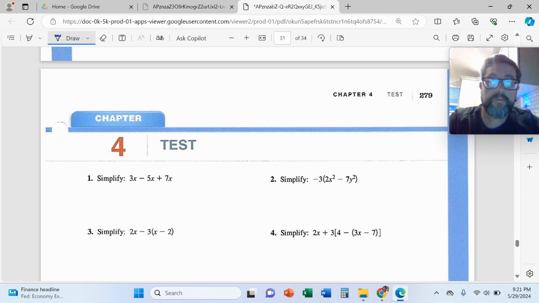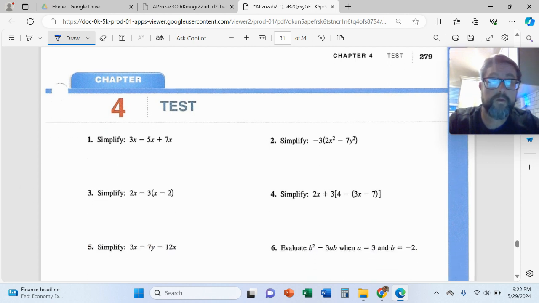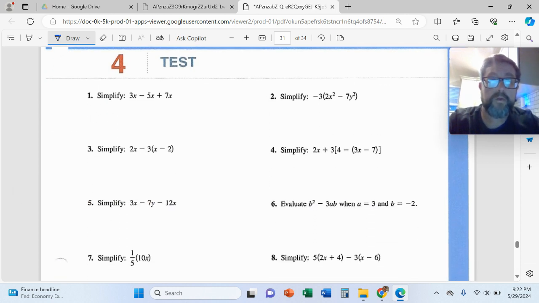Now we're into the chapter 4 test. We're to simplify 3x minus 5x plus 7x. Well, there you're only dealing with x's and everything's the same, so you're going to go 3 minus 5, which would be negative 2, plus 7, that should be just 5x.